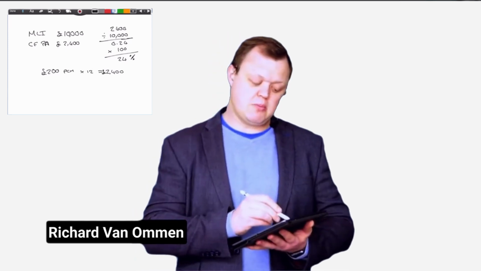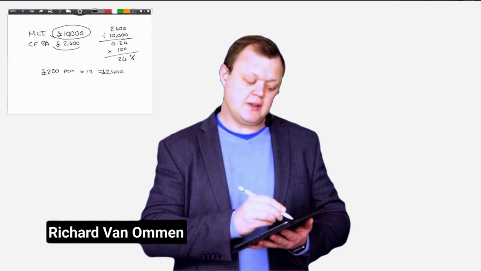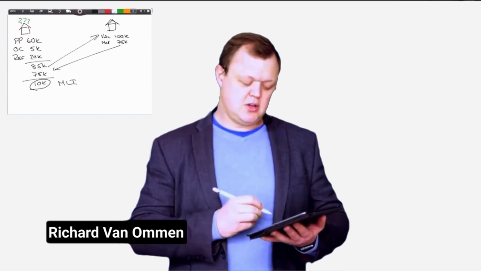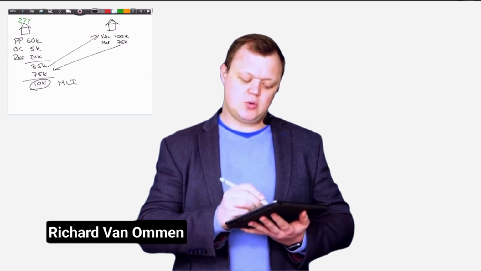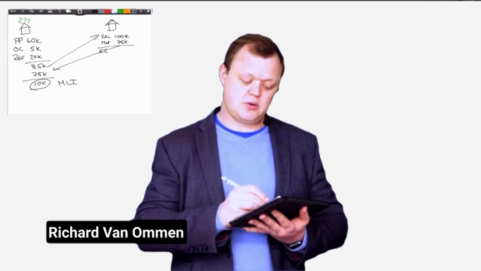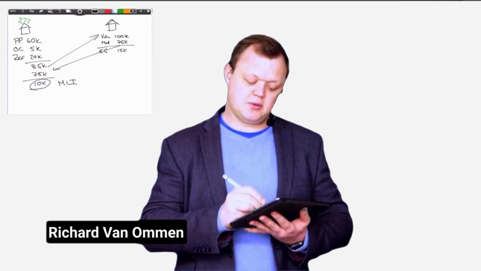What return on investment represents is what percentage of your money you are earning back every year through the income of the property. You can also, if you wanted to get a little bit smarter, include things like your equity gain, which we discussed in the last video, a 15k equity gain.